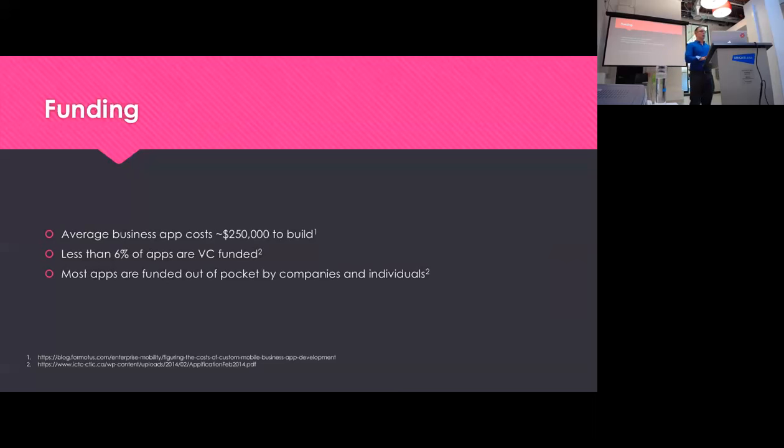So not cheap. Again, this tends to be a bit of an arbitrary number, but I've seen this tossed around in other settings too, and I've seen some apps take a long time and a lot of budget to get out the door too. So take it with a grain of salt, but that's what it is.